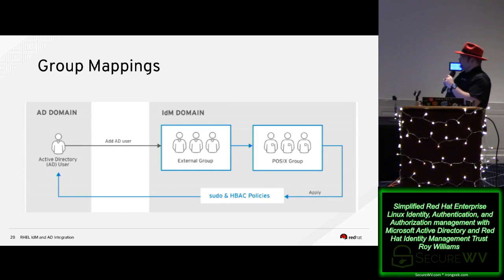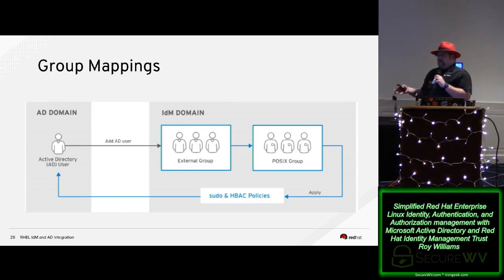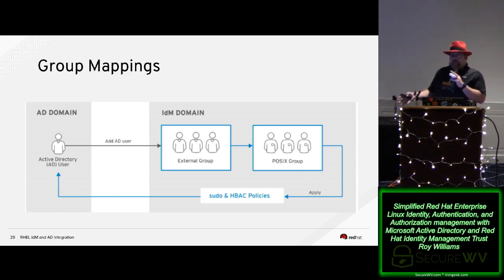So now we get into groups. With groups, from IDM we're able to see the groups that are in Active Directory, but we can't do anything with them because those things are read-only. We can't make any changes to them. So what we have to do is create a group that we want to be able to manage in IDM and then reference that Active Directory group.